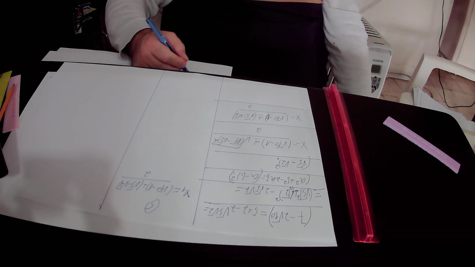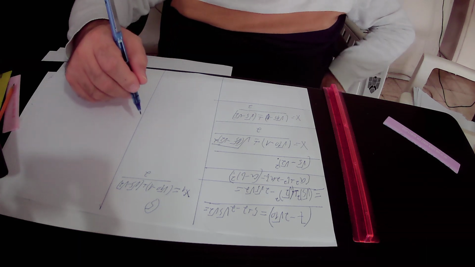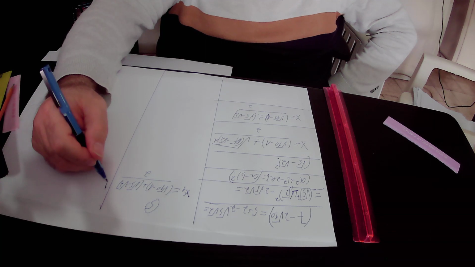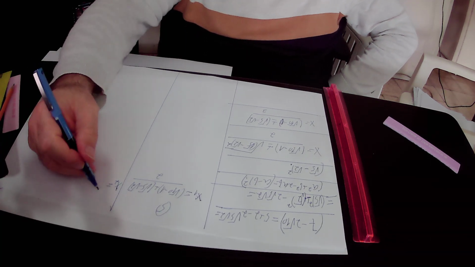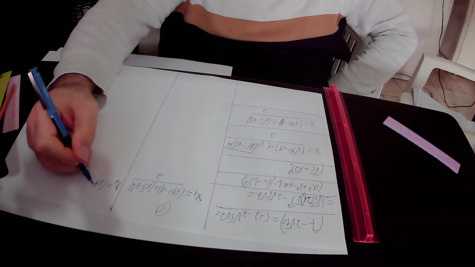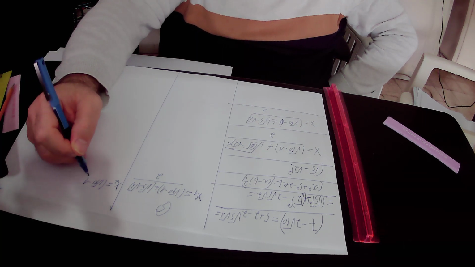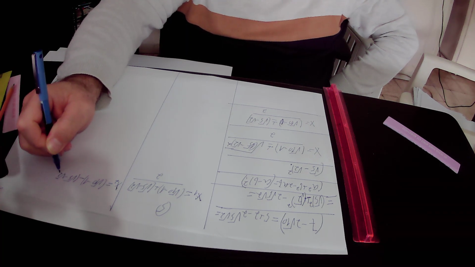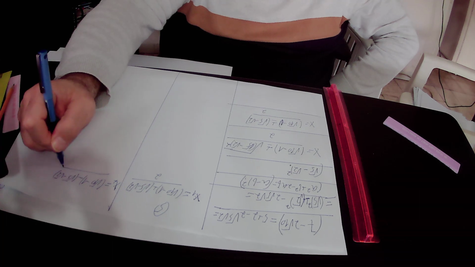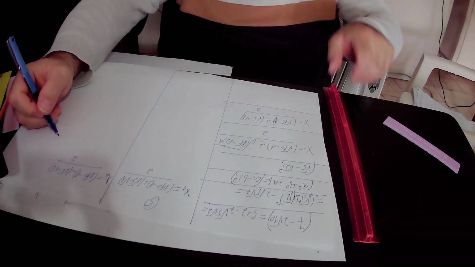The second solution will be x2, that will be equal to square root of 10 minus 1 minus (square root of 5 minus square root of 2), all divided by 2. Okay?